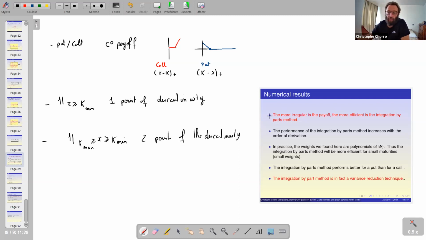So I can deduce that the more irregular the payoff is, the more efficient the integration by part methodology is. If I increase the number of discontinuities in my payoff function, I see that I am better and better, in fact, using the weighting method with respect to the finite difference one. And I see also that the method is better for the gamma than for the delta.